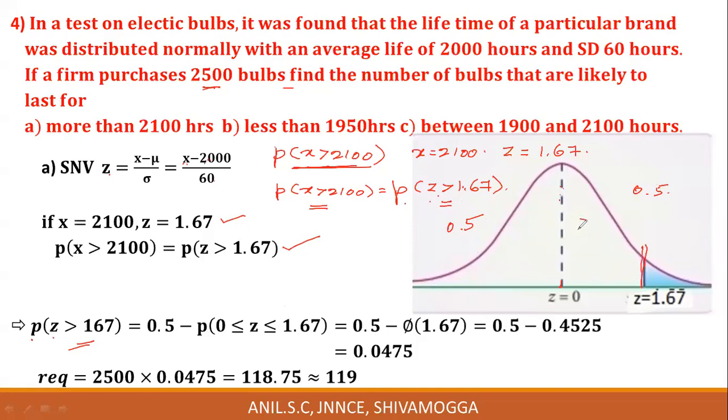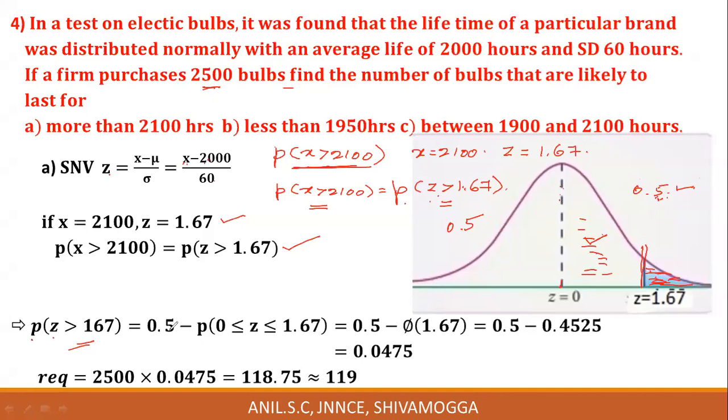This is the area where Z is less than 1.67 and this is the area where Z is greater than 1.67. And this entire area on the right hand side is equal to half, 1 by 2. Therefore, half of the area under the curve minus this unshaded area will give you this shaded area.